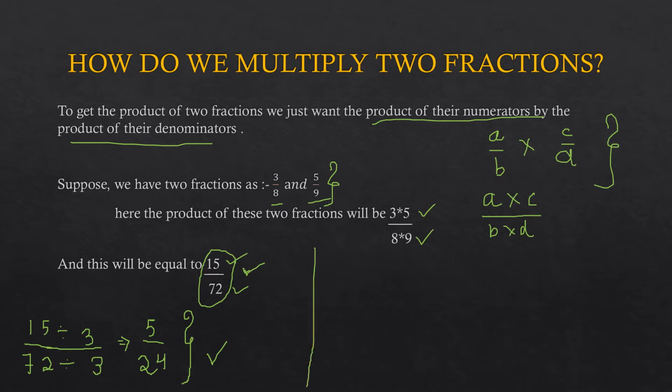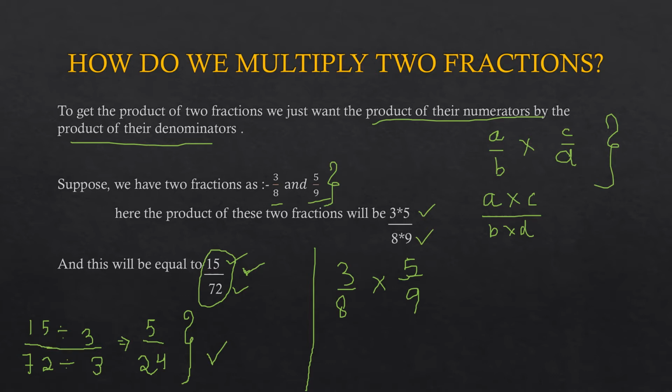Now we have one more method to solve this. We have two fractions, 3 by 8 and 5 by 9. When we reduce any fraction, we use a numerator and denominator, so when there is a multiplication operator between two fractions, we can use any numerator and any denominator to reduce.